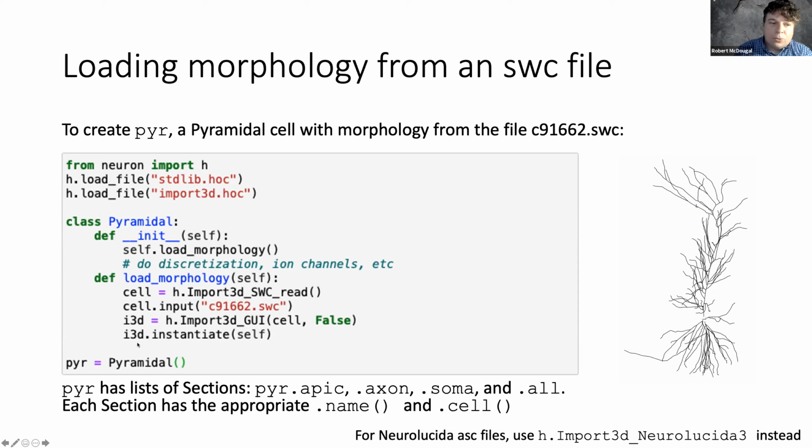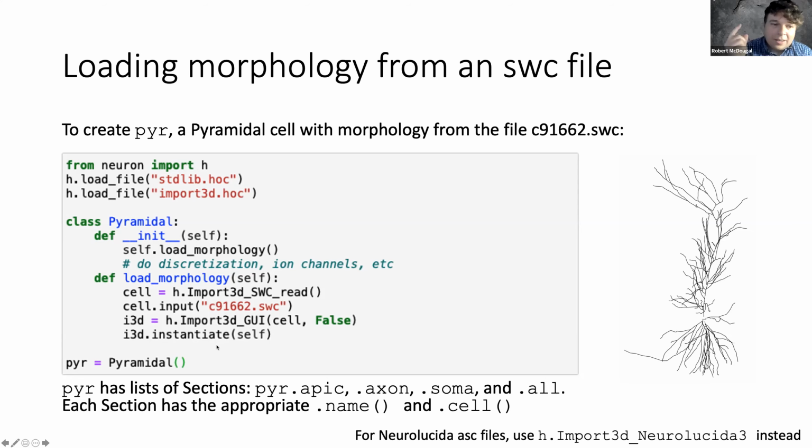And here my tool is going to instantiate the morphology that it's loaded inside of me, inside of self. And what that means is, once that's happened, here I've got an SWC file, C91662. I run this code. I have defined a type of cell that is pyramidal, but it doesn't actually create anything until I instantiate it with PYR as pyramidal, open close parentheses.